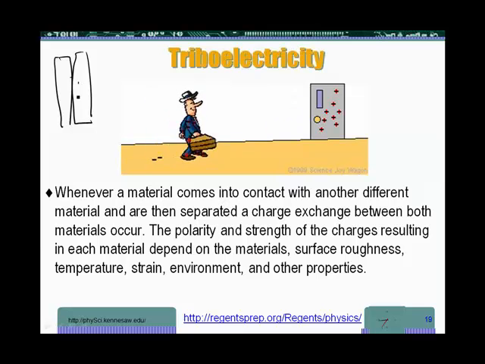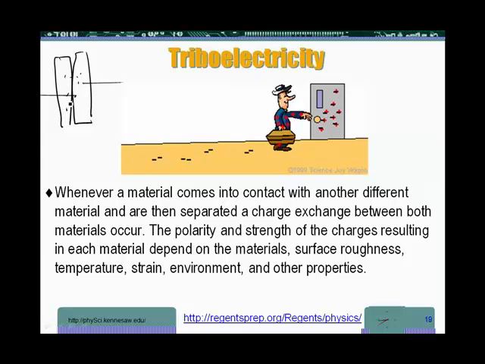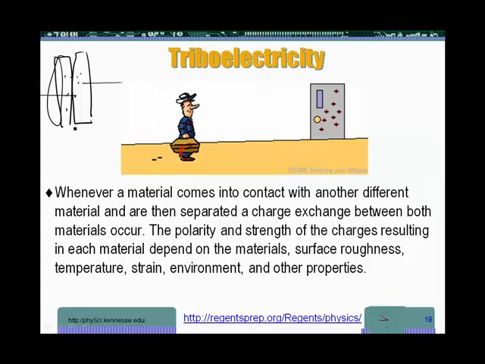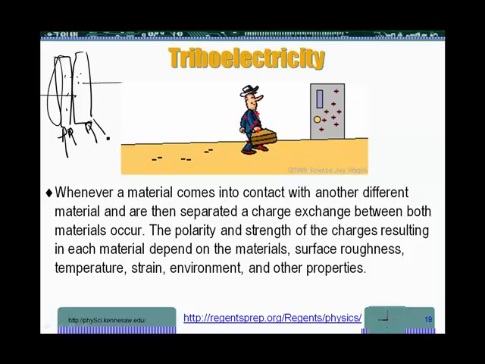The electrons in each of the materials are experiencing forces that are holding them to the material due to the atoms of that particular material. So an electron from here is subject to the forces from atoms from here, and the electrons from here are subject to forces from atoms from within there.